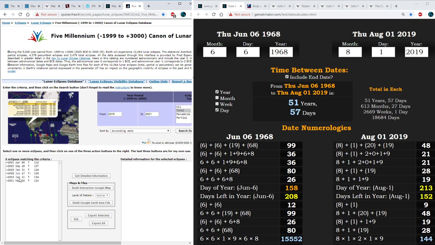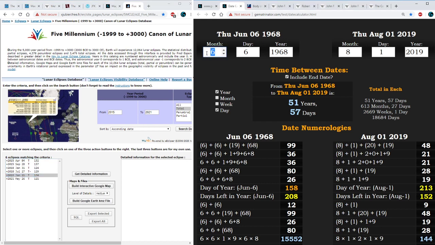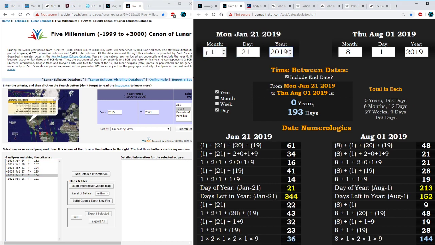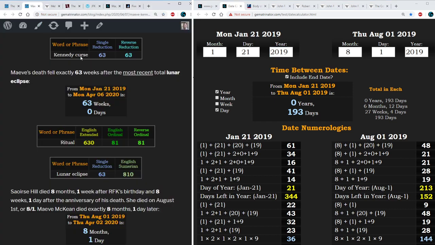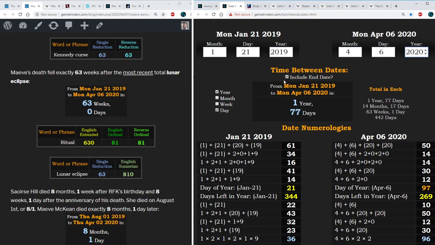Notice how the last total lunar eclipse was on January 21st of 2019. Measuring from that date to the date that the body of Maeve McKean was found is exactly 63 weeks.